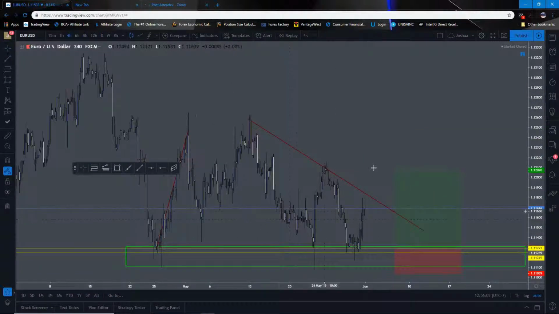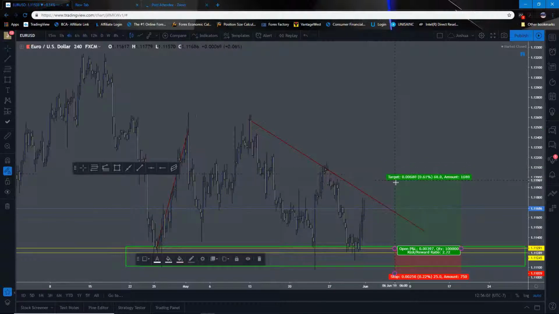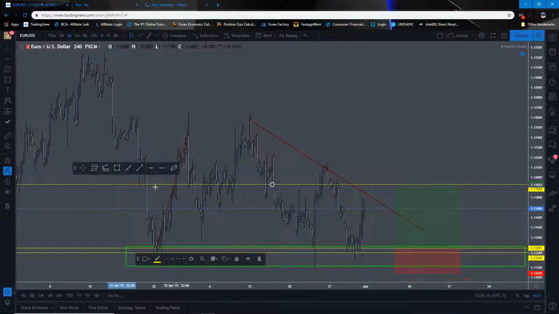Okay. Now, my first take profit would be where you have the most common floor and resistance price. And what I mean by that is price came down here and resisted. Price came up here and hovered around.